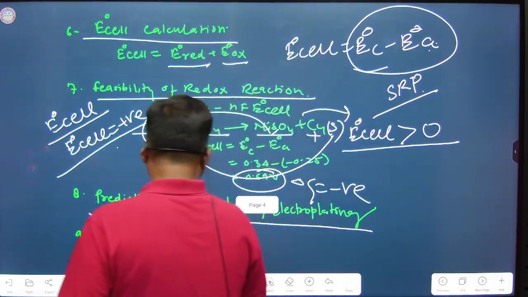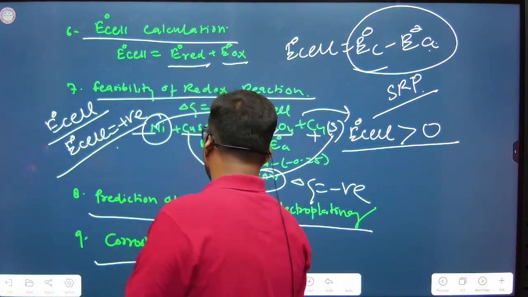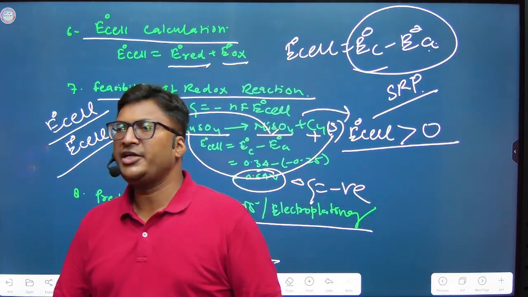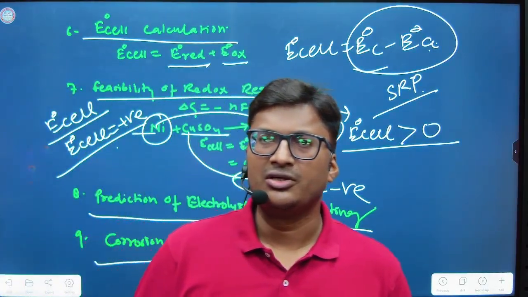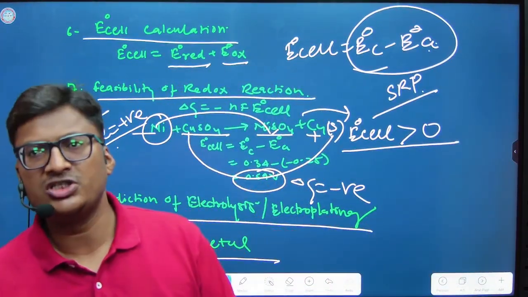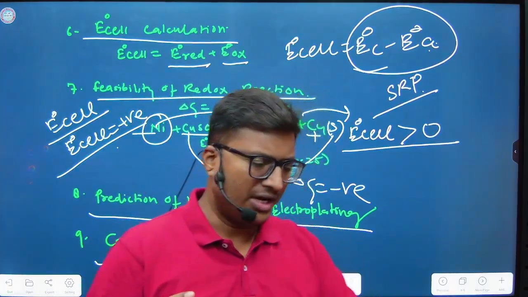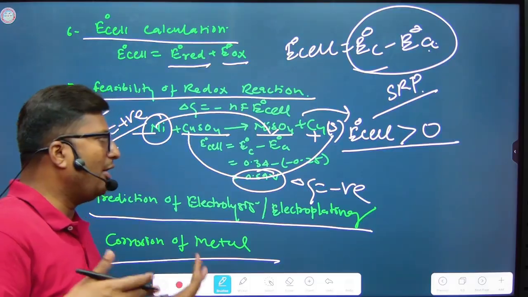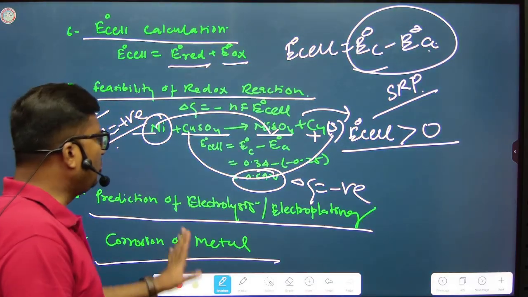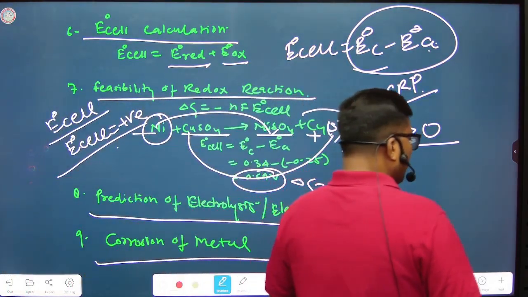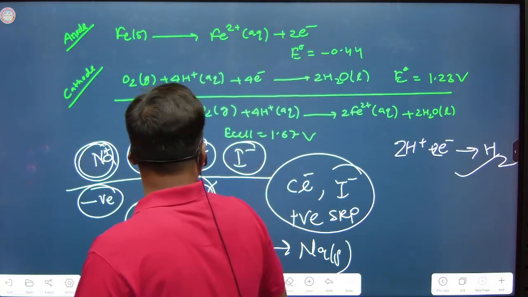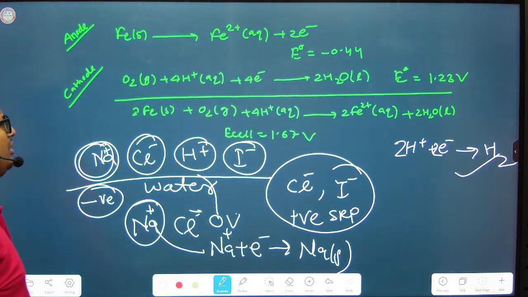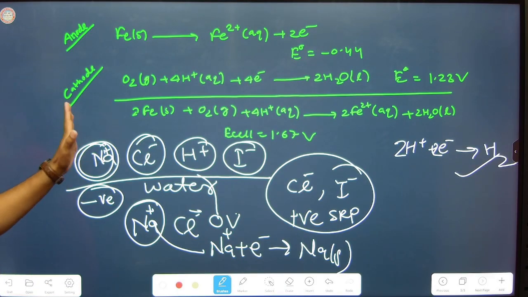Now corrosion of the metals, right? The most reactive metals in the electrochemical series undergo corrosion because of their reactivity, right? The higher the reactivity, the higher the capacity to be corroded. So corrosion means we have shown the half cell reactions that take place in the formation of corrosion.